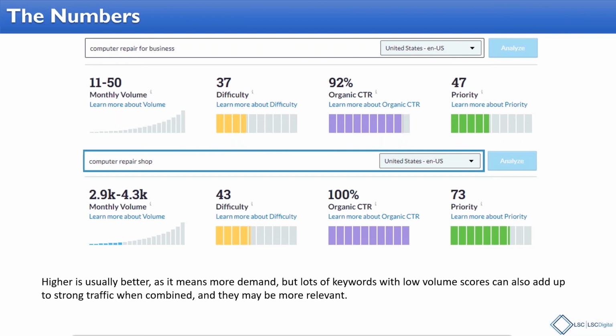Now, the priority score that Moz has given is much higher, 73. To put that into context, by their own documentation, 80 is phenomenal. So 73 is pretty good, and that's low competition, pretty good volume. That might be a term that we want to write an article around. I'm not getting into computer repair shop content and everything, but we're finding a term here that might be really worthwhile for us to explore a little bit.